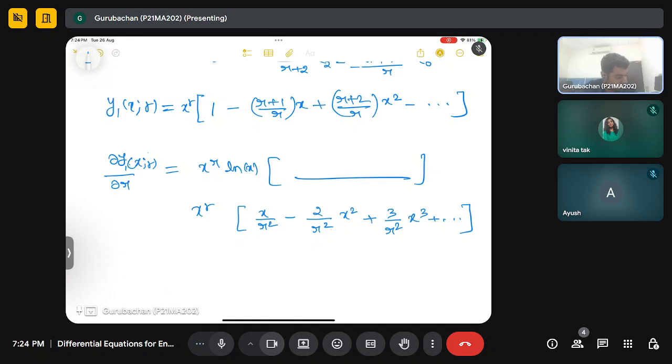So del y1 del r at r equal to 0 will be x 0 ln x, and this series, that is 1 minus r plus 1 by r x, r plus 2 divided by r x squared, minus, and so on.